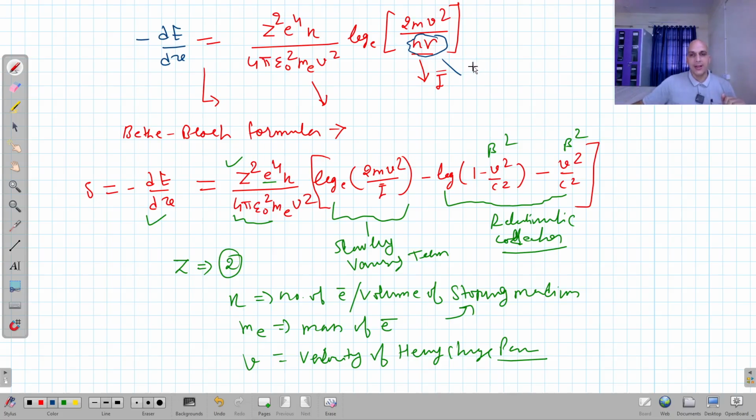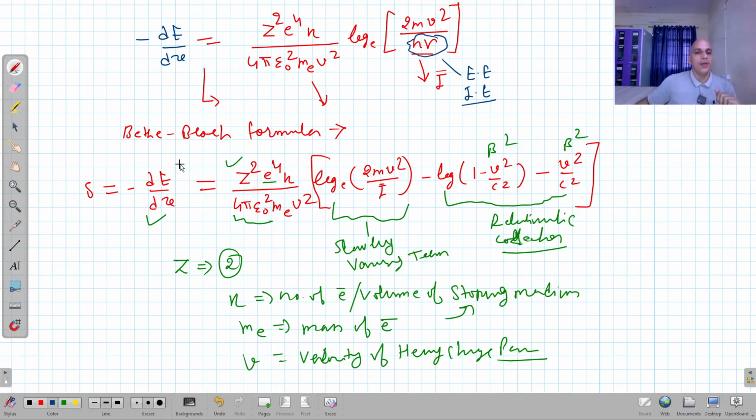In some cases an electron can be even pulled out of the atom, then it becomes the ionization energy. But in some cases the electron can be excited to higher energy states. So this is the energy that we are representing as I bar, excitation energy or ionization energy. You can write h nu or I. b is the velocity, c is the velocity of light.